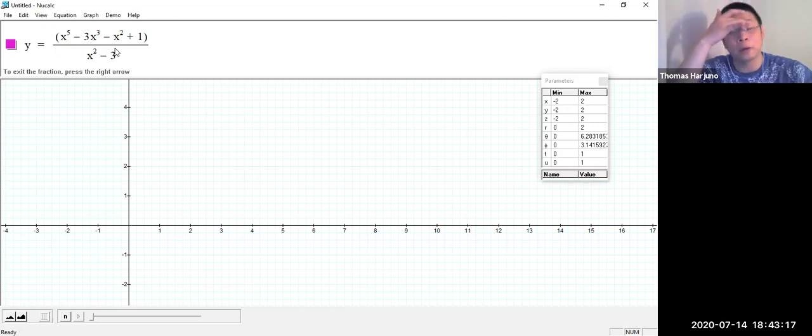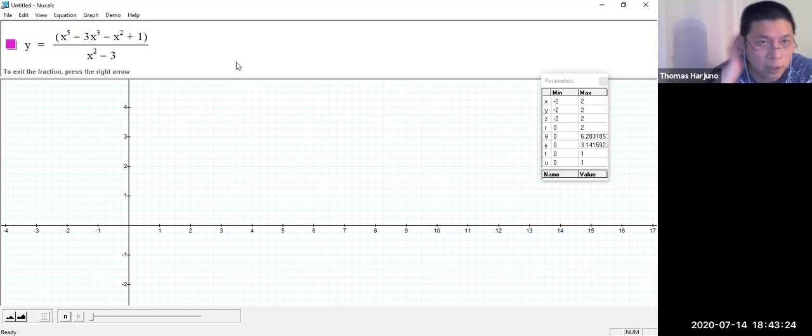So we have a vertical asymptote at x equals radical 3 and x equals negative radical 3. That's something we get from the denominator.